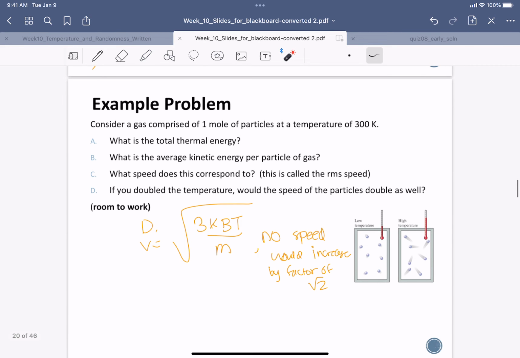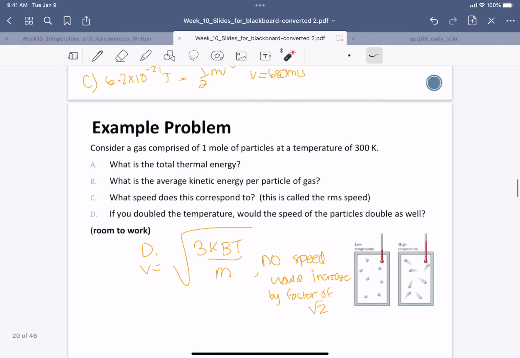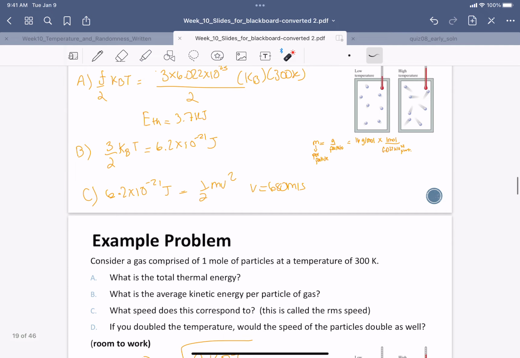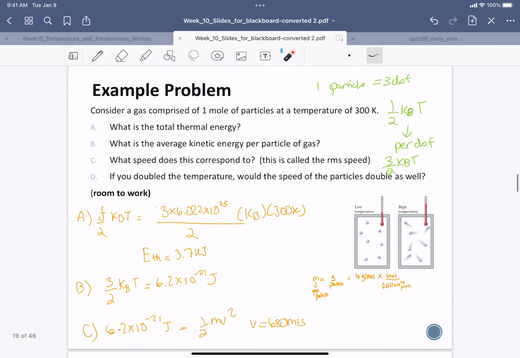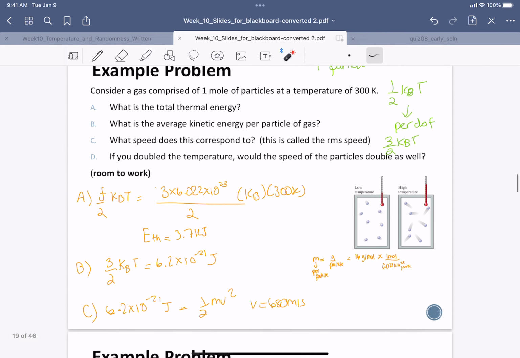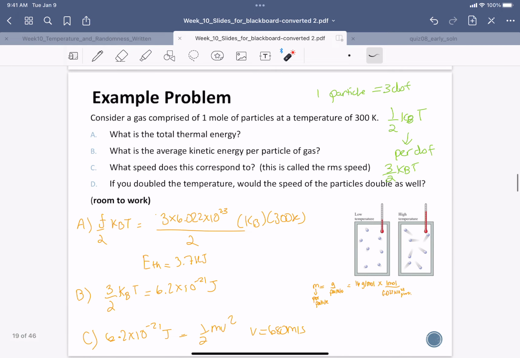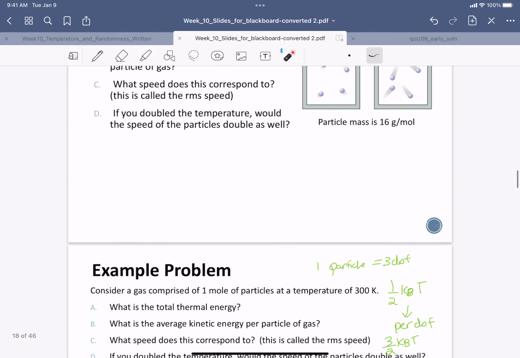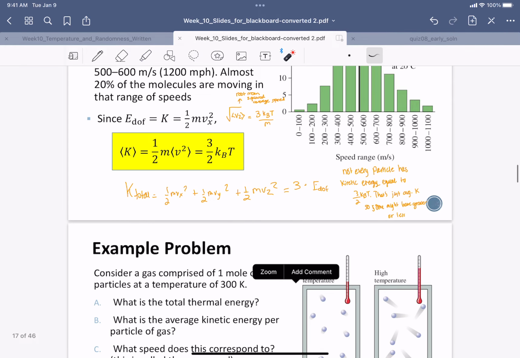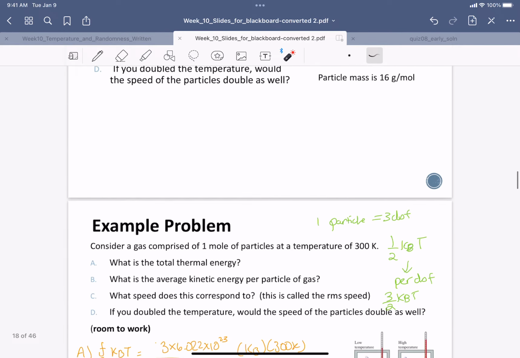I got this equation, v equals √(3kBT over m). What did I use for m in part C? I don't remember.